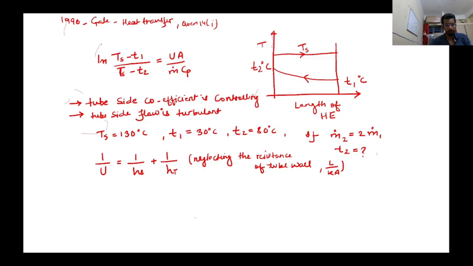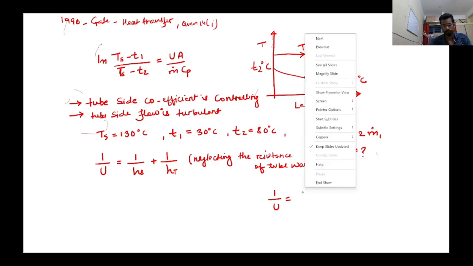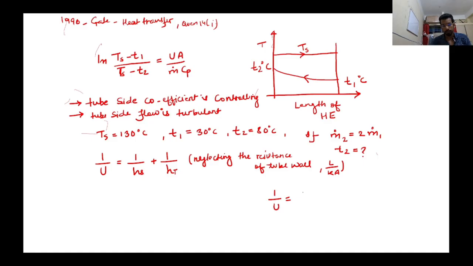Okay, otherwise there is a big formula for 1 by U. I will write here just for your information. 1 by U is equal to 1 upon h hot into r plus hf, h hot into r i plus L upon Ka plus 1 upon h cold into r naught. We have a formula of this kind.